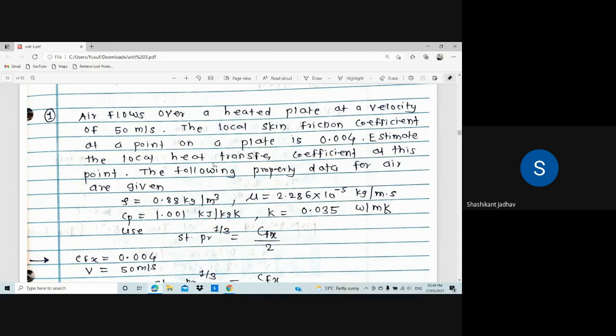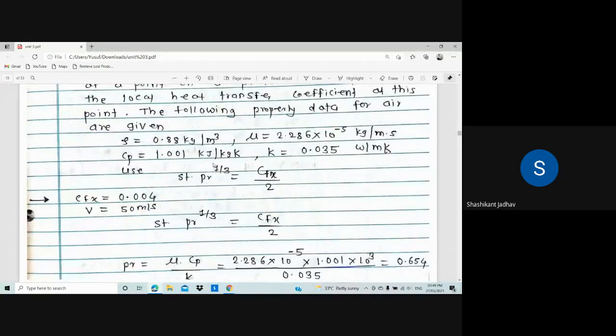Use the relation: Stanton number into Prandtl raised to 1 by 3 is equal to CFX by 2. Okay.